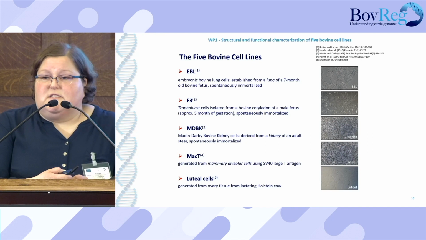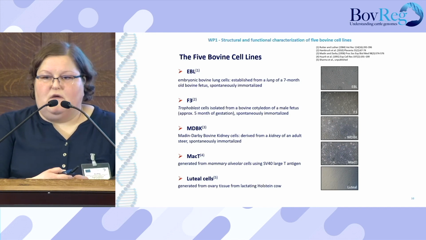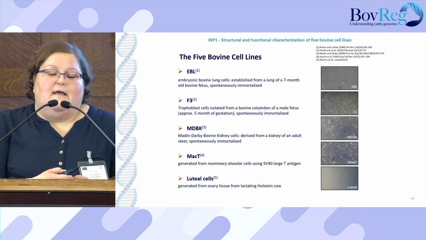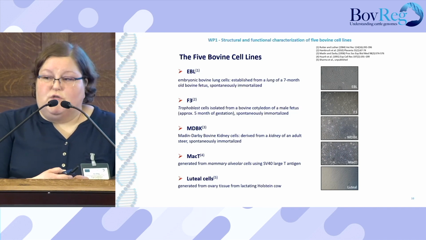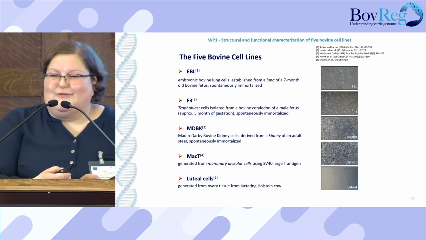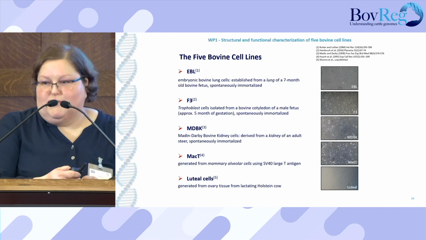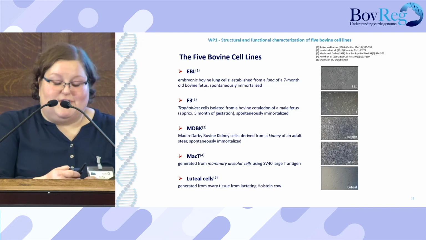Those 3 cell lines spontaneously immortalized, whereas the MACT cell line was derived from mammary cells that was immortalized using an SV40 antigen. And then we also had access to the luteal cells that were established by Abner, and you already heard about the characterization of those cells.